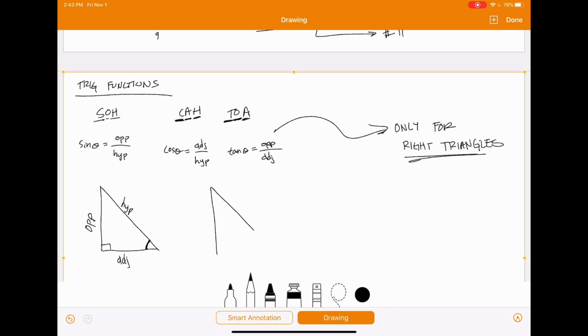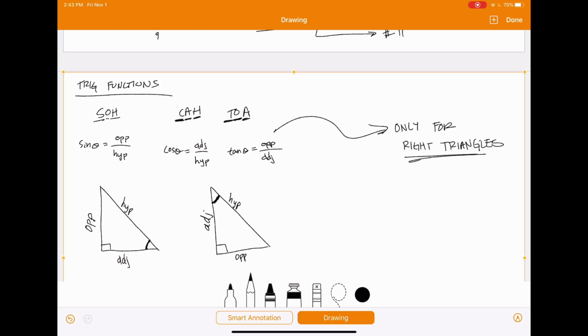But if we're looking at your triangle with respect to this other angle, your hypotenuse is always the one across from your 90-degree angle, so you go straight across. Your opposite one is the one across from your angle, and your adjacent one is the one that touches the angle that is not your hypotenuse.